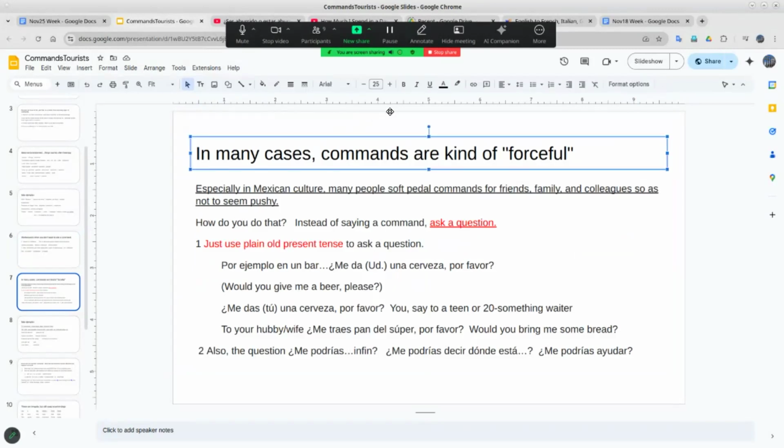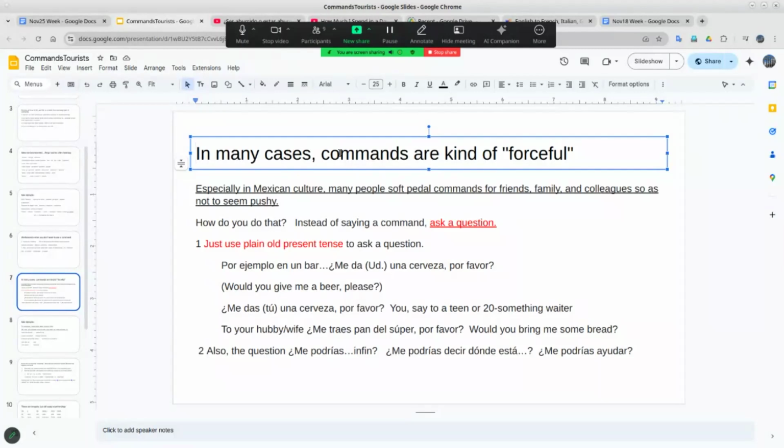Do also know, while we do hear commands a lot, sometimes it can be seen as a very pushy thing. And I would say, especially in Mexico, it is seen as kind of a finger wag in some cases, giving a direct command.